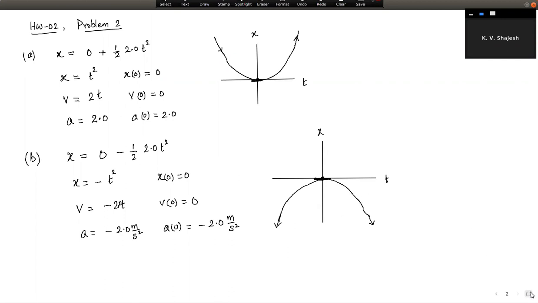Let's go to part C of this problem. So it's homework 2, problem 2. And let's say this is part C. And our function, the position as a function of time now, is having velocity equal to 1.0 times t, and acceleration is plus 2.0.